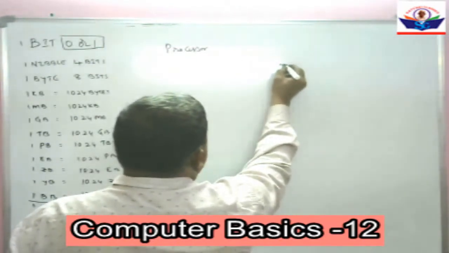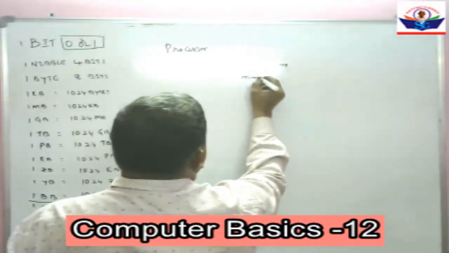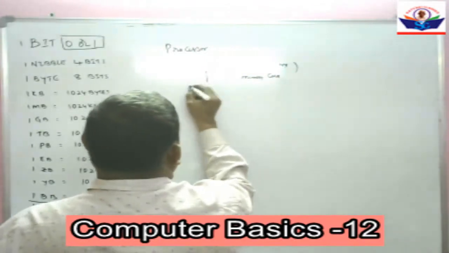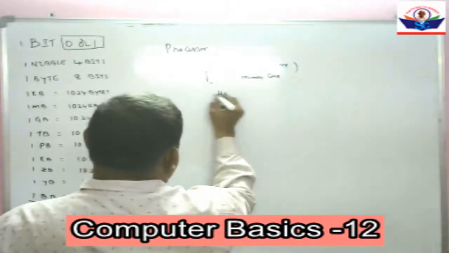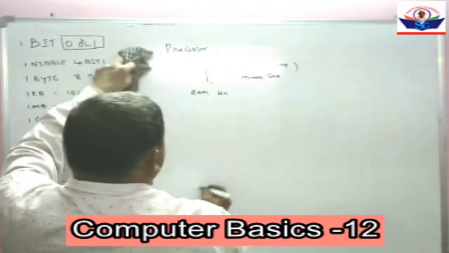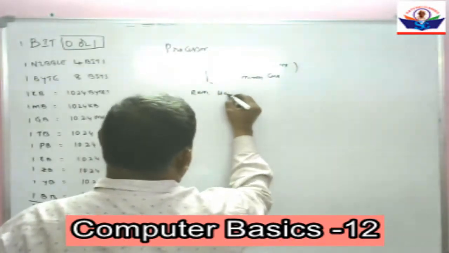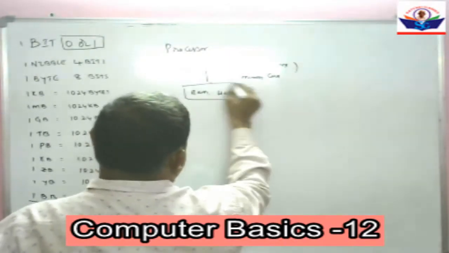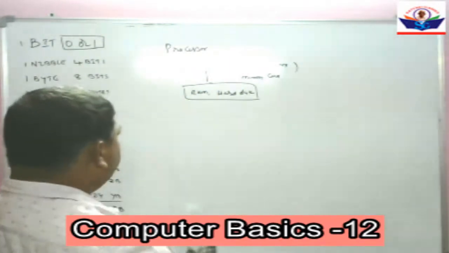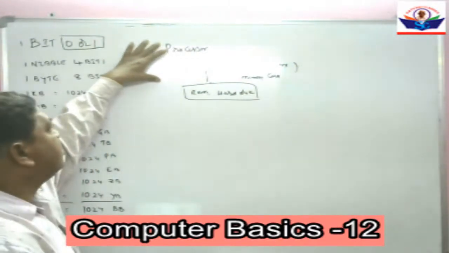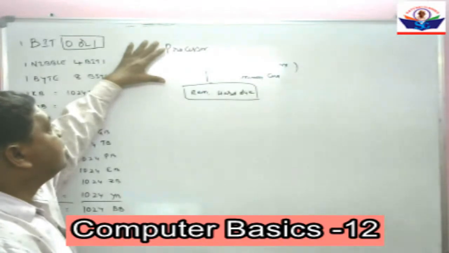For a laptop, it is hard disk and RAM also. For a laptop we look at processor, RAM and hard disk. Processor is common for both smartphone and laptop or desktop.